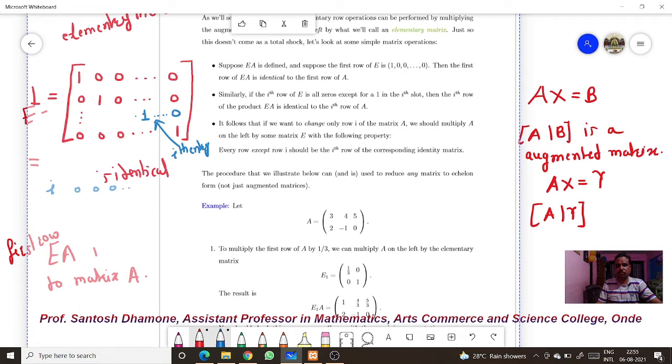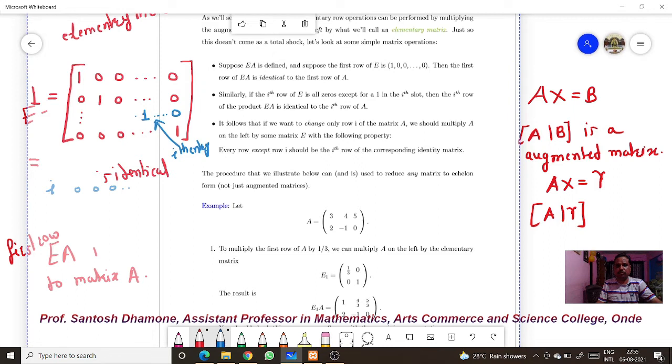First row, first column: 1/3 into 3 plus 0 into 2 gives 1. Next, 1/3 into 4 plus 0 into minus 1, and then 1/3 into 5 plus 0 into 0.